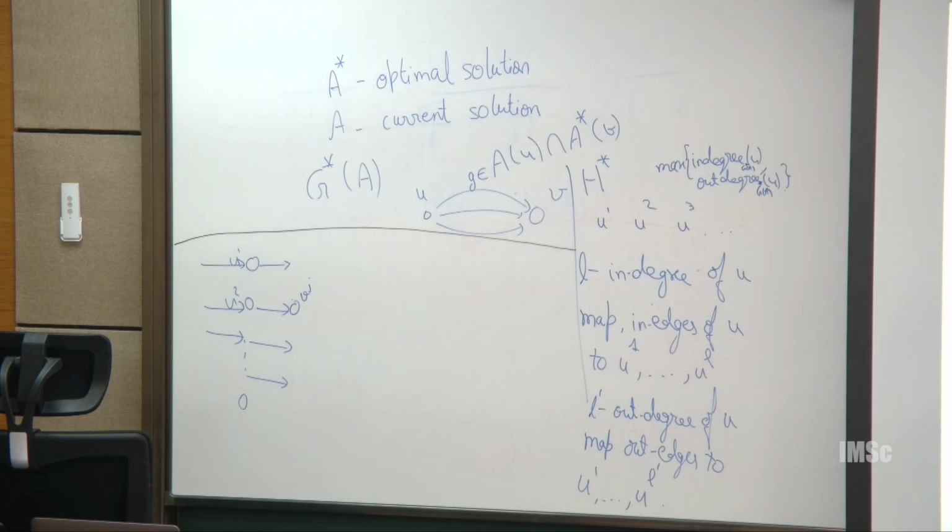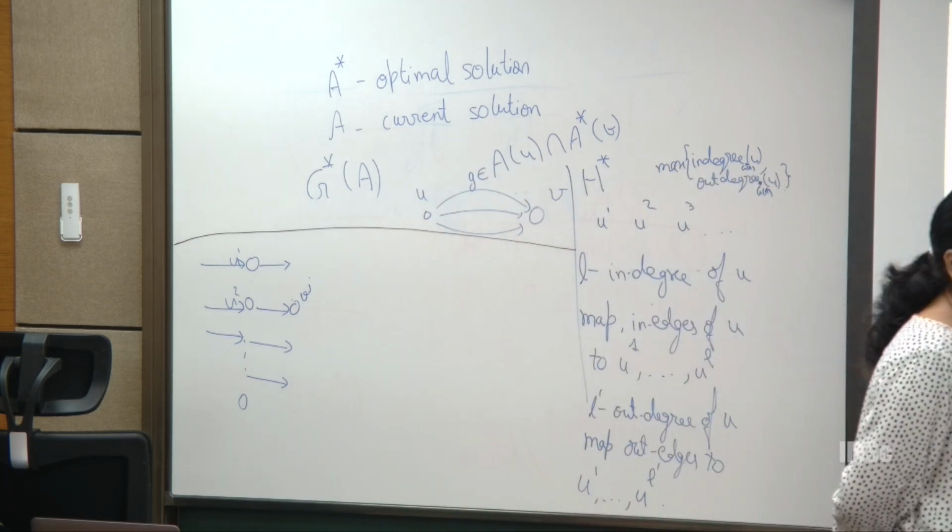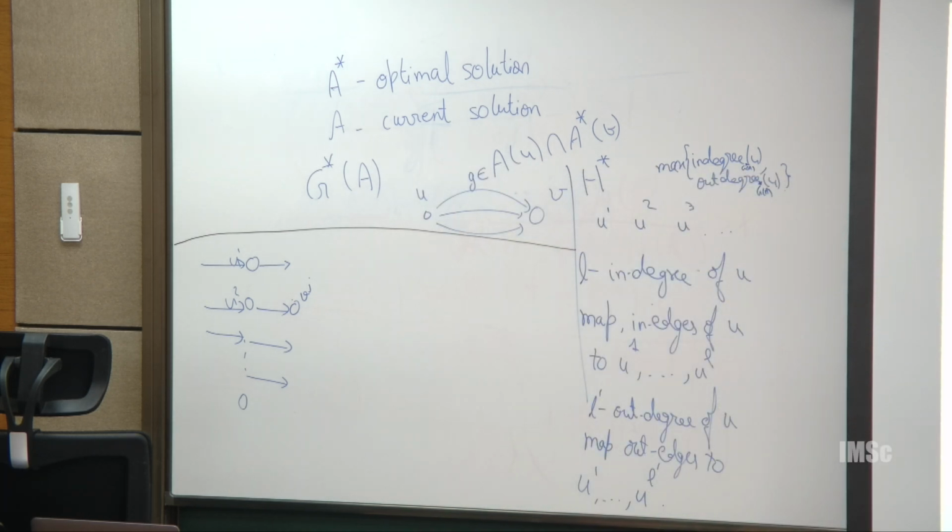What can we say about the in degree and out degree of vertices in H star? At most one, correct? Do you all agree? So, at least can I say that H star is a collection of paths and cycles? Correct? Is this fine with everyone?